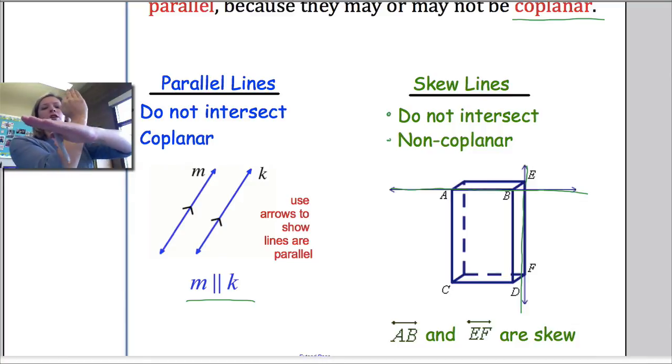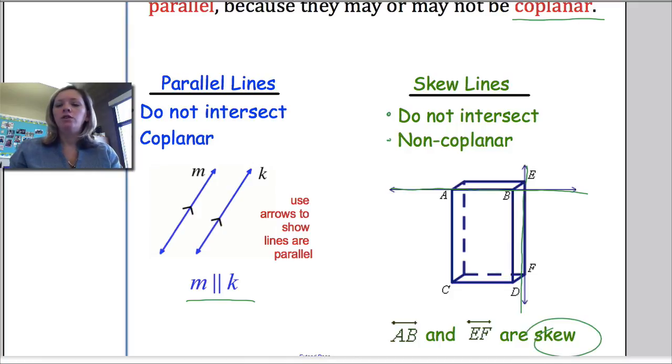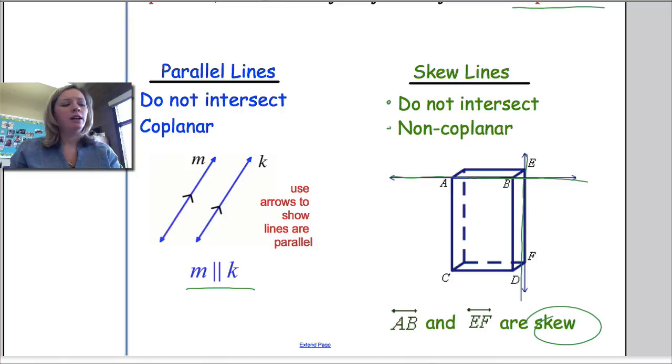They're in space, they're far apart from each other, but they're not going in the same direction, so there's no way that they're coplanar. There's not one plane that goes between the two, or that could contain the two. So these are what we call skew lines. That was one of our particular success criteria, understanding what skew lines are. Now we know what they are. So those are parallel lines and skew lines. Both of them never meet.